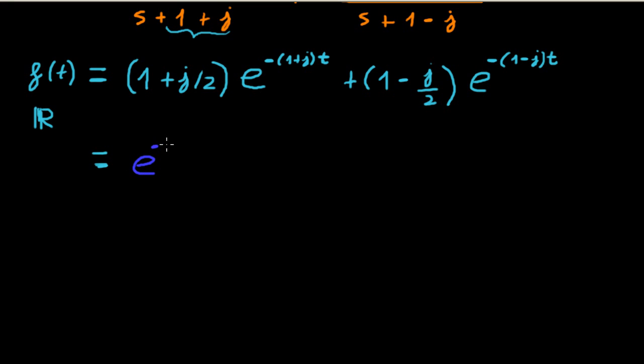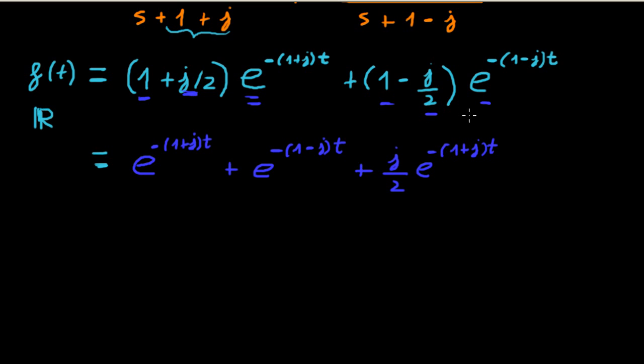Here I have e^((-1 + j)t) plus, I'll take this multiplication and then this multiplication, e^((-1 - j)t), plus j/2, this one times this one, e^((-1 + j)t), and this times this one, minus j/2 times e^((-1 - j)t). Let's continue.